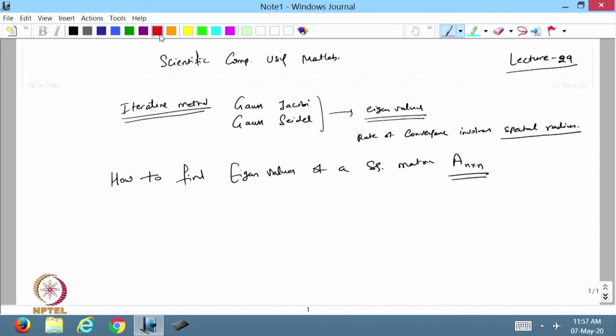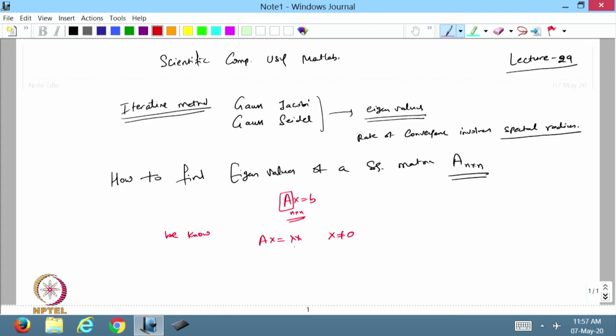Because we are involved with solving the system Ax equals b, we have to find the eigenvalues of this n cross n system. We know that the eigenvalues can be found analytically as Ax equals lambda x, where x is not equal to 0.